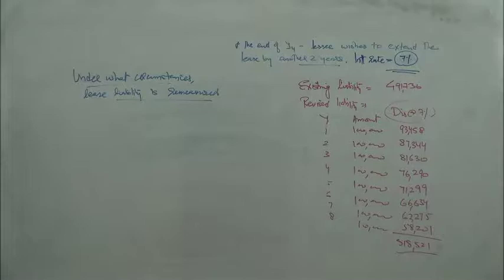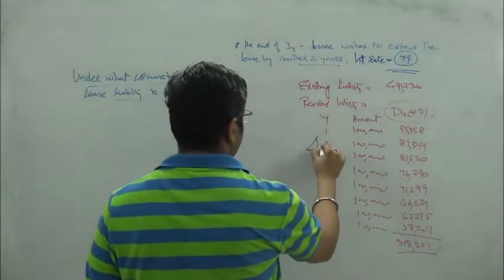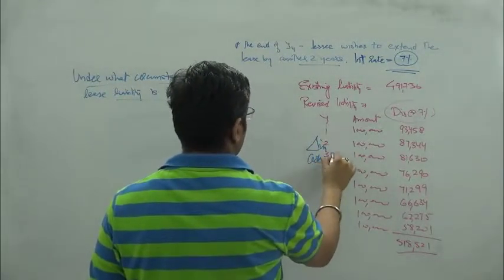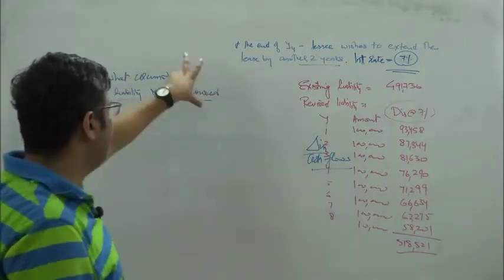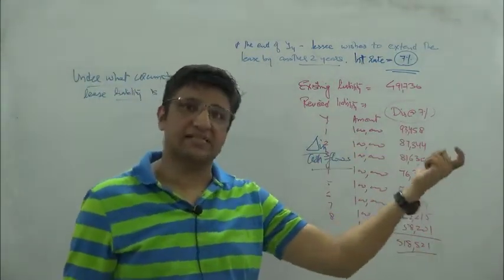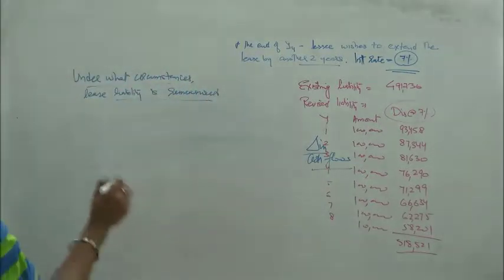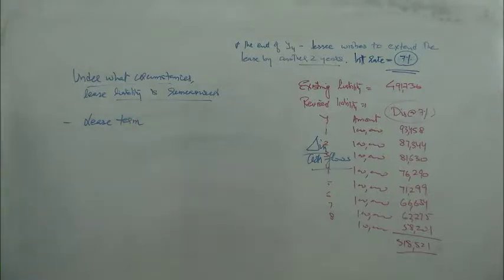Okay, the very precise answer to this question is that as and when there is a change in the cash flows, my lease liability shall be remeasured, and this is of course going to change my right of use assets value also. So if I were to really quote those instances, I'm saying any change in lease term is going to change or remeasure my lease liabilities.